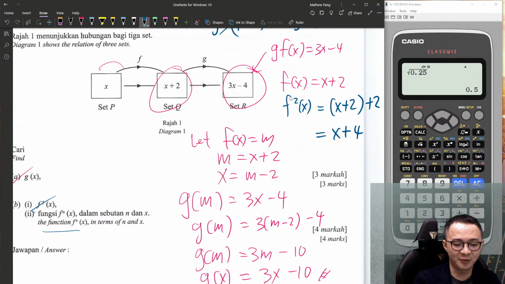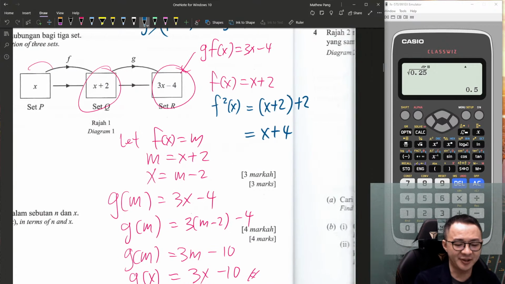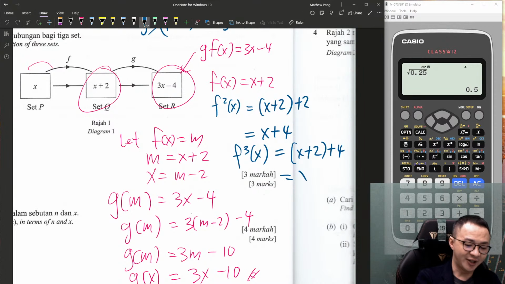So this one is a kind of progression. Let's find f cubed to get some pattern. So f cubed is x plus 2 plus 4, which is x plus 6. By analyzing here, I know for f(x) this is 2, for f squared this is 4, for f cubed this is 6. So I kind of get the pattern.